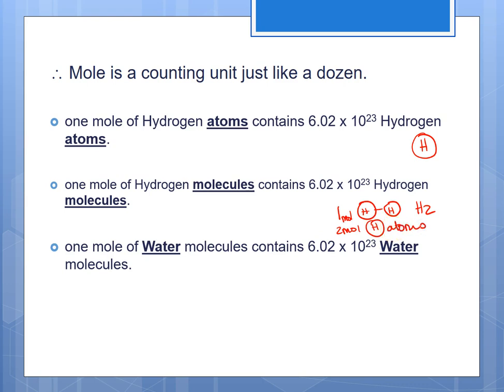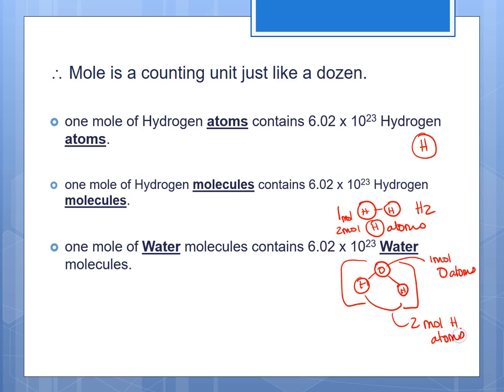1 mole of water molecules contains 6.02 times 10 to the 23 water molecules, and if we think about this now, it's got an oxygen and 2 hydrogens. So if I had 1 mole of this whole thing, I would have 1 mole of oxygen atoms, and I would have 2 mole of hydrogen atoms, okay?